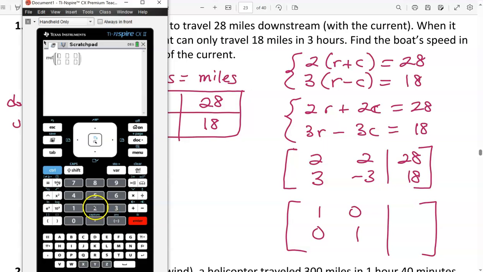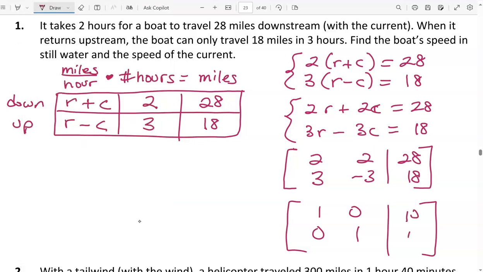And then let's enter in the original matrix, 2, 2, 28 across the top, tab to the bottom row, 3, negative 3, 18 across the bottom row, and that gives us 10 and 4. And that means that r, our first variable, is equal to 10, and c, the second variable, is equal to 4. So r is the rate in still water.